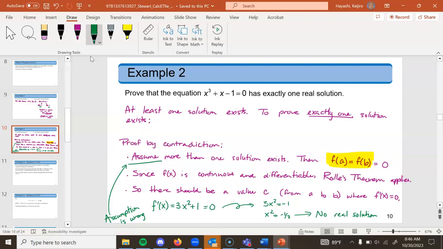Because if there was more than one, then that causes a contradiction. Simultaneously, there should be a value where the derivative is 0, and also there isn't. So there cannot be more than one.